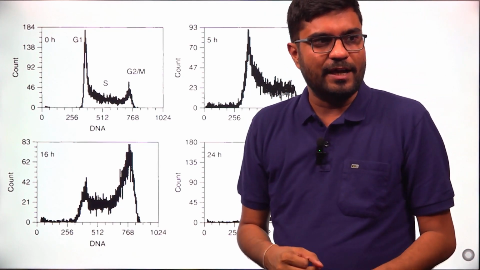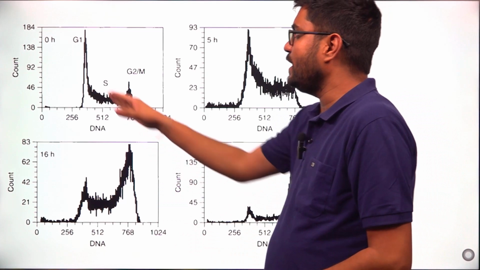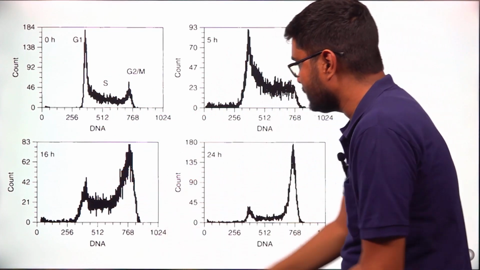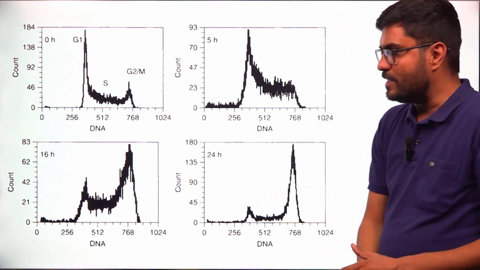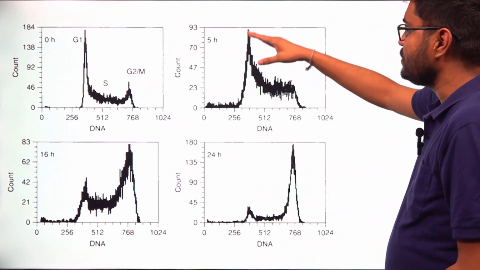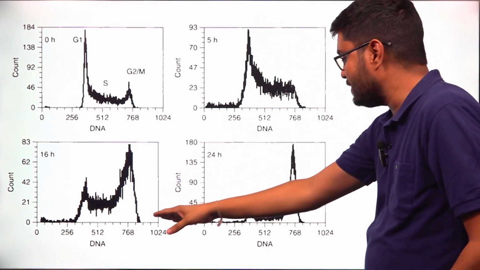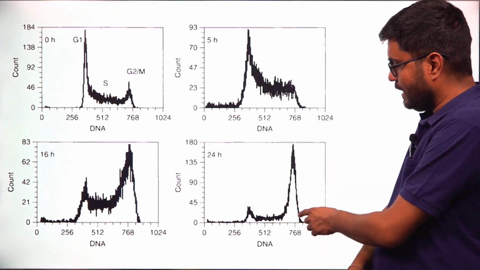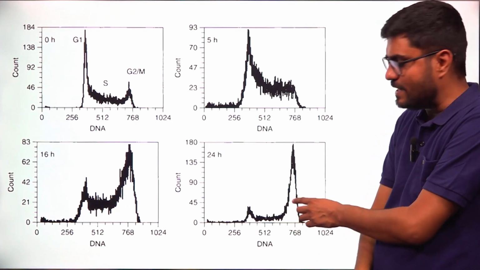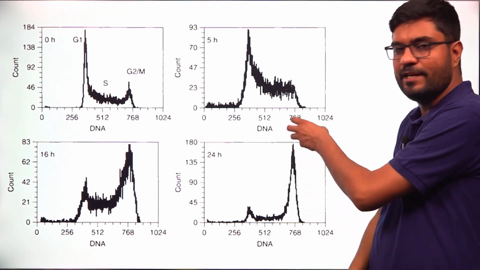If we look at the result at 0 hours, 5 hours, 16 hours, and 24 hours, you can see that the percentage of cells in G1 and S is decreasing, and in G2 it is increasing. So you can say the cells are ultimately accumulating into what?